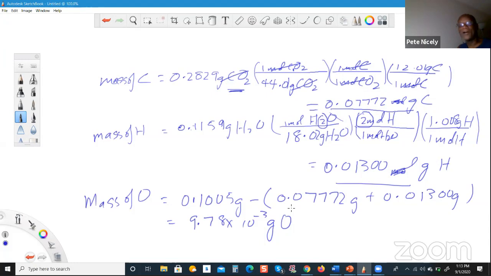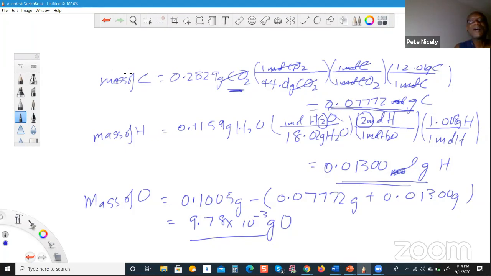All right. So now we have the mass of each element present in this compound. We have the mass of oxygen, which we just calculated down here. We have the mass of hydrogen, and we have the mass of carbon. So, believe it or not, we're just halfway to solving the problem because we need these values. And I need more space.